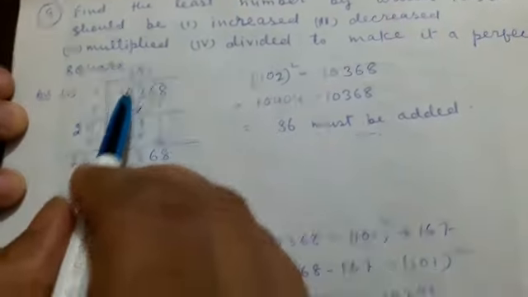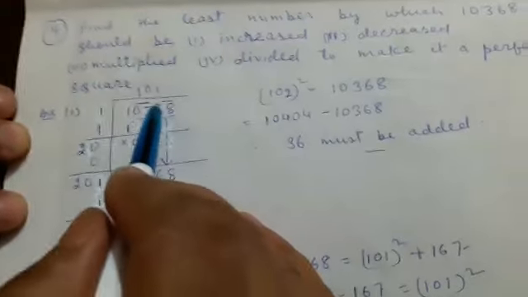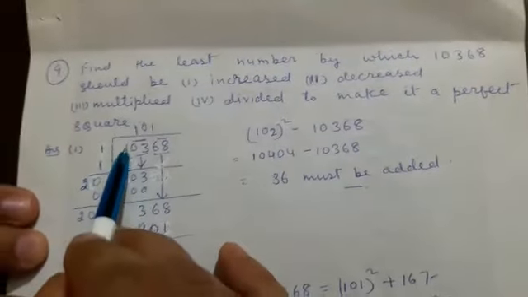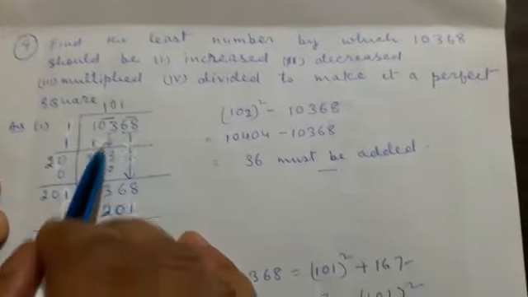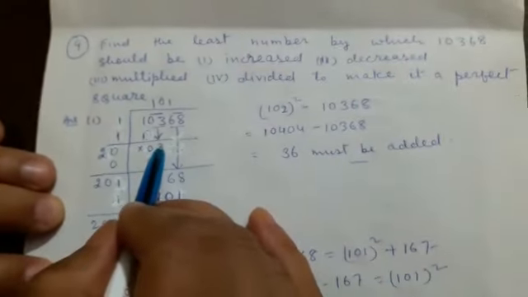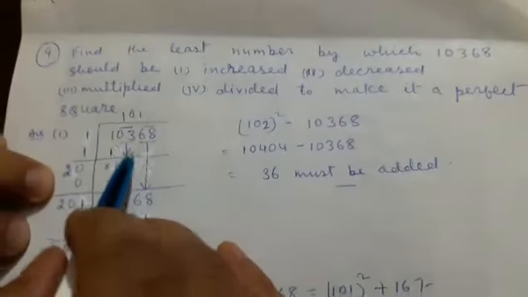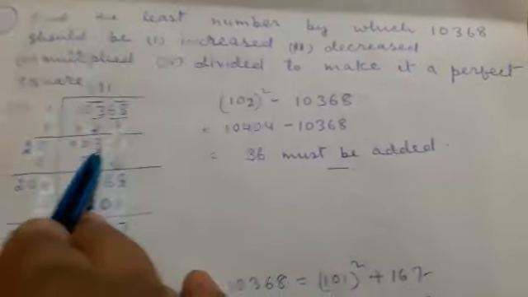First we will write down 10,368 and make pairs here like this: 68, 03, and 1 will remain alone. So let us divide by this one first. 1 times 1 is 1. Here we write 1, and then the 03 will come down. Now by adding 1 plus 1 it becomes 2, and by which number do we multiply so that 3 will come?